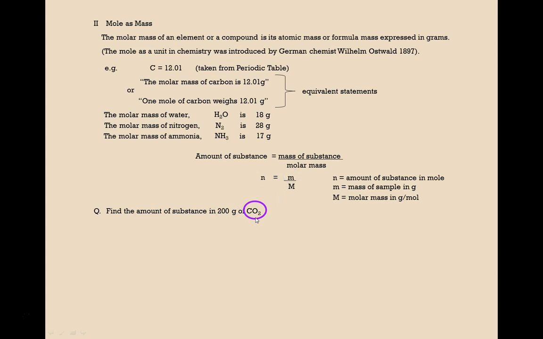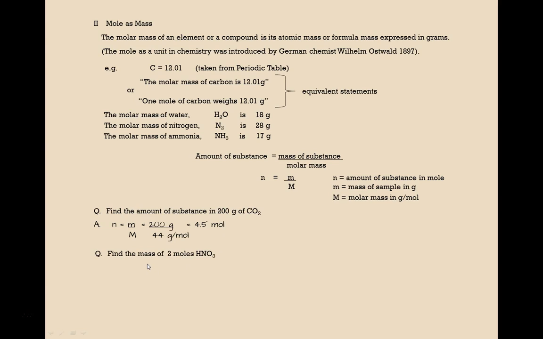And from the formula, that allows us to calculate the molar mass of carbon dioxide. Since we're trying to find n here, we can just take the formula as it is, write it down, put in our numbers, notice how the grams cancel out, and our answer is in moles as it should be, 4.5 moles. In other words, 200 grams of carbon dioxide is the same as 4.5 moles of carbon dioxide.